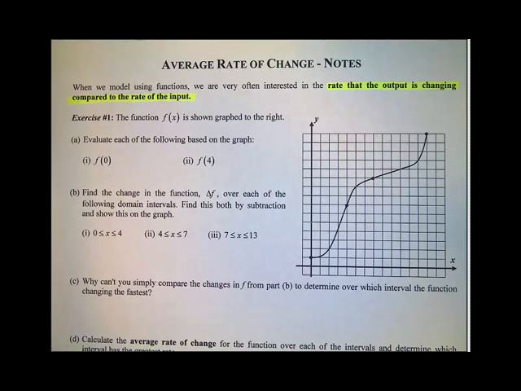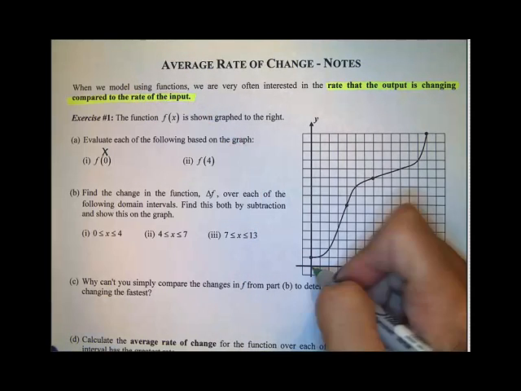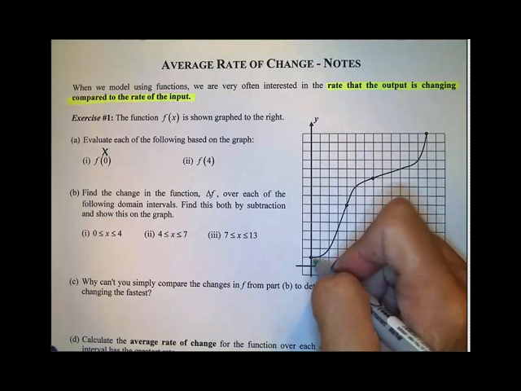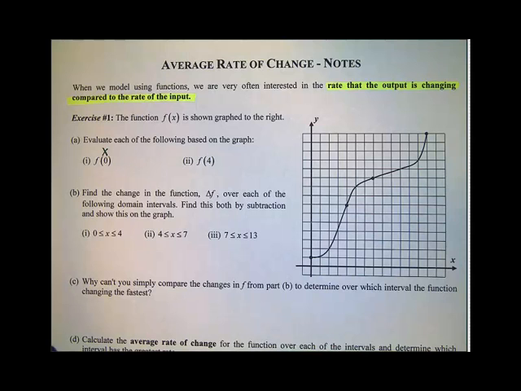Exercise 1. The function f of x is shown graphed to the right. In part A, it asks us to evaluate each of the following based on the graph. So again, we have our function notation, so f of 0. Remember, 0 is your x value, so we go to where x is 0 and find the y value. Since there are no numbers on this graph, we assume they are counting by ones.